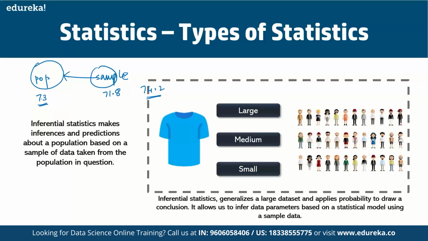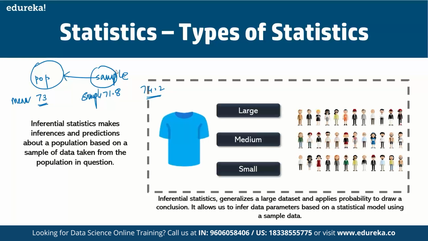It's not exactly 73, but am I able to get a range which is actually close to my population mean? This is my population mean, and this is my sample mean. Am I anywhere close to this particular mean is what we are going to infer. That is called inferential statistics. Here I'm going to draw a conclusion about my population from my sample.